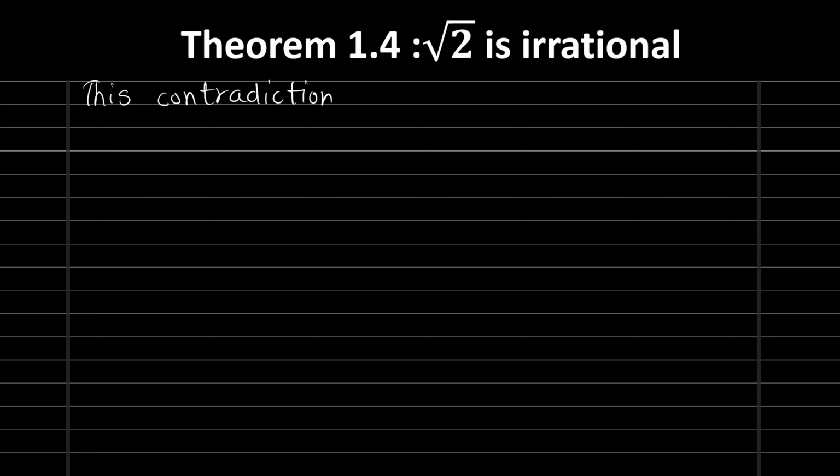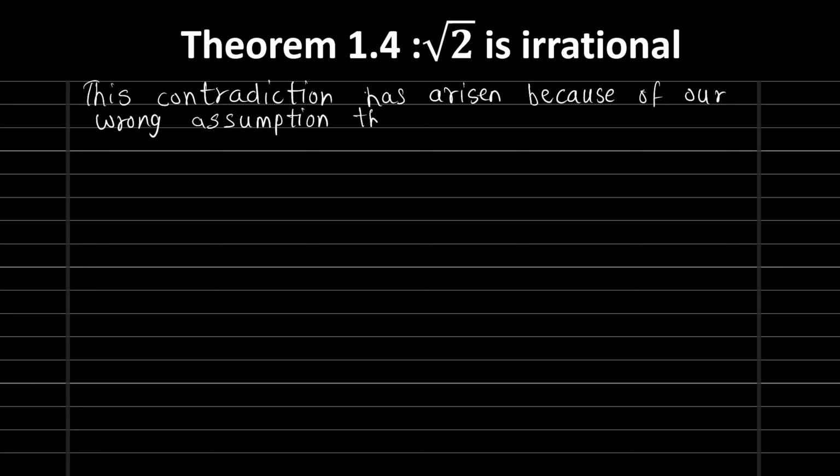Therefore, we will write down this contradiction has arisen because of our wrong assumption that root 2 is a rational number.